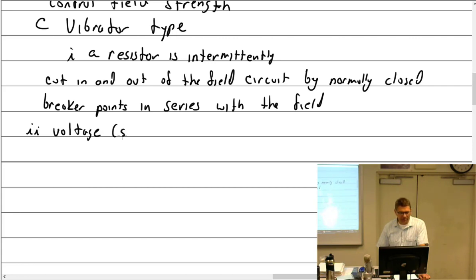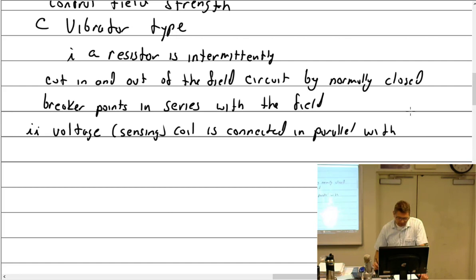The voltage sensing coil is connected in parallel with the generator output. Since it's connected in parallel, it means, again, the wire is very thin.